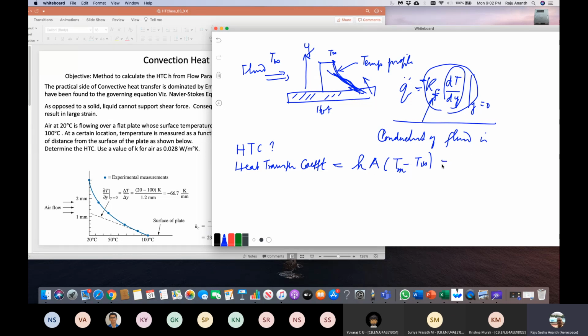So this is equal to minus k_f dT/dy. So h is a derived quantity. It's not a fundamental quantity. So this is nothing but the heat transfer coefficient, a derived quantity.